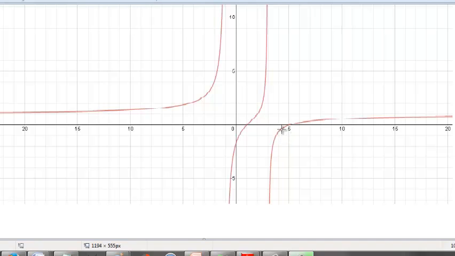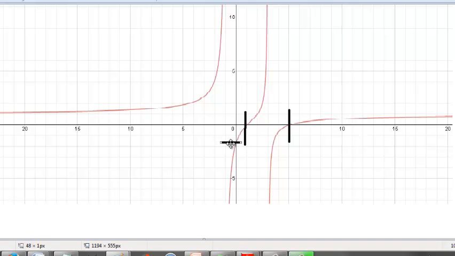Okay, so here's our graph. This is finally what it looks like. We did this using graphing technology, and we can identify all the points that we determined earlier. So you can see the zeros at 5 and 1. You can see the y-intercept here at -5 over 3.